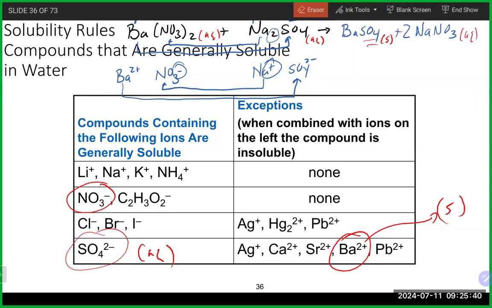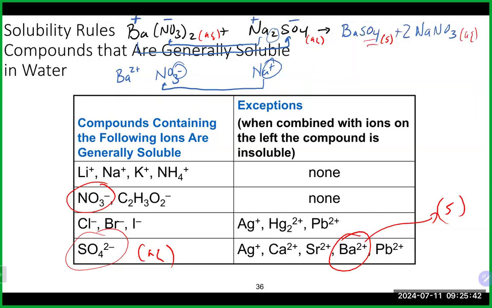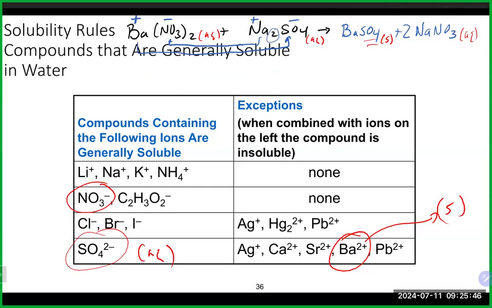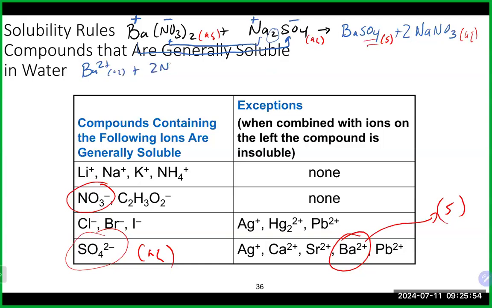Again, we could really see what's going on in this case. When this breaks apart, we will have our barium with a +2 charge. We will have our two nitrates that break apart. We will have our two sodiums, that's a strong electrolyte, and our sulfate that will break apart.